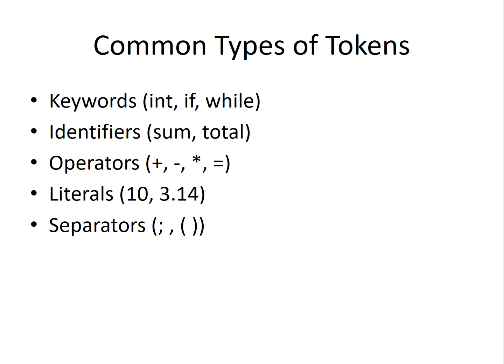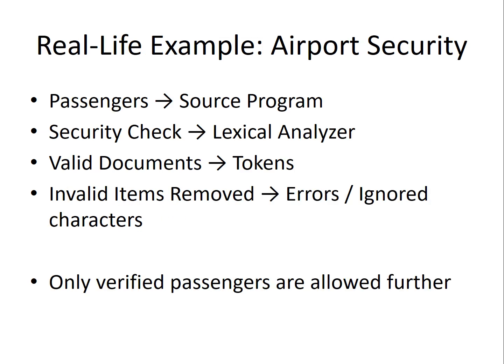And then you have operators, all sorts of operators, logical, special characters and so many more. Then followed by literals, or nothing but elements or values, like 10 or the 3.14 pi value, and followed by separators, like colon or semicolon or comma or open close brackets and all. And we are not limited to these. Here comes a real life example.